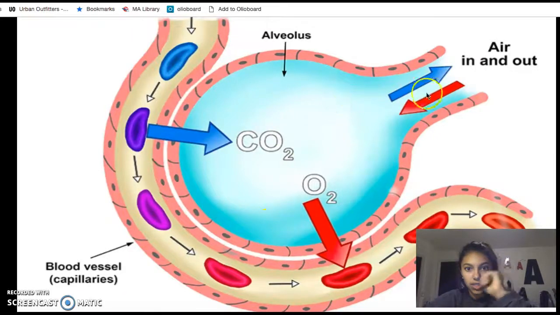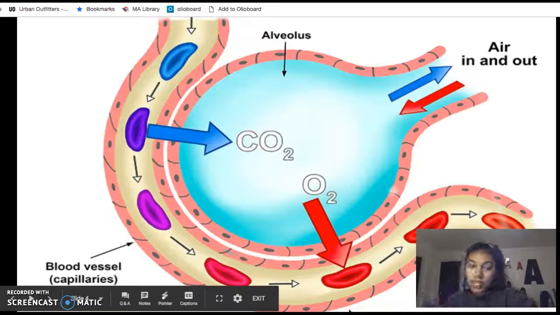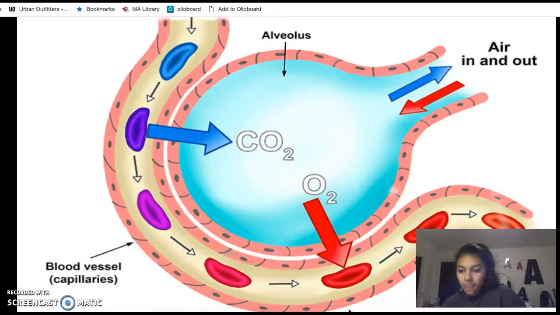And as you can see, the air is going in and out of the alveolus, and CO2 is moving in, and oxygen is moving out into the capillaries.